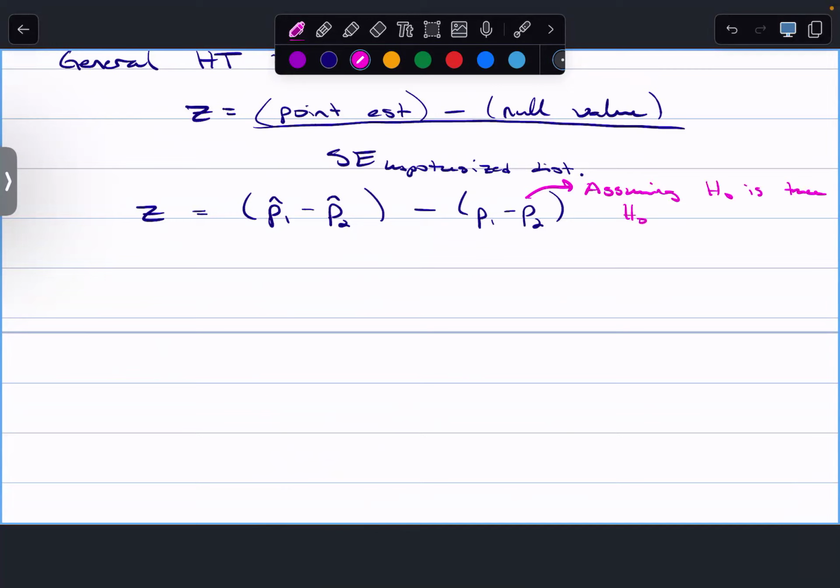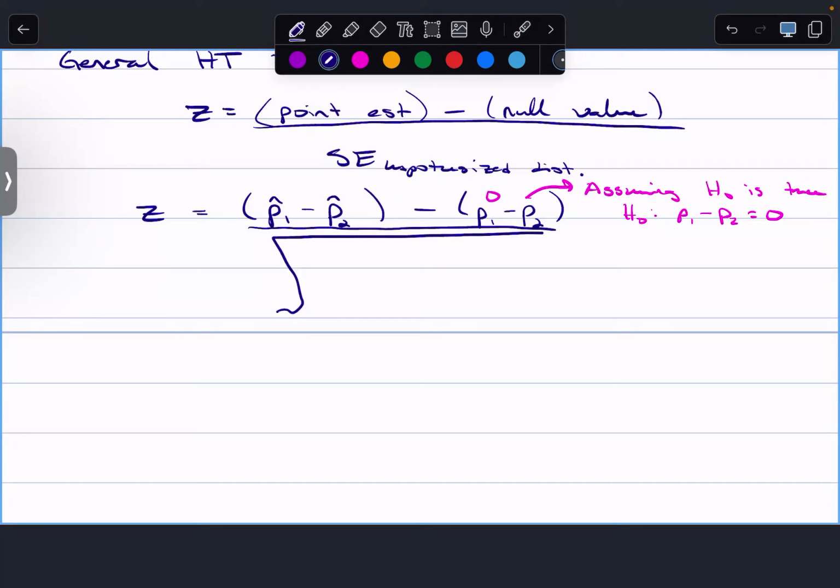But H naught says that p1 minus p2 is equal to 0. So then this is always just going to be 0. How far is our difference in proportions from 0? Fine. Divided by, and this is what it's going to look like.